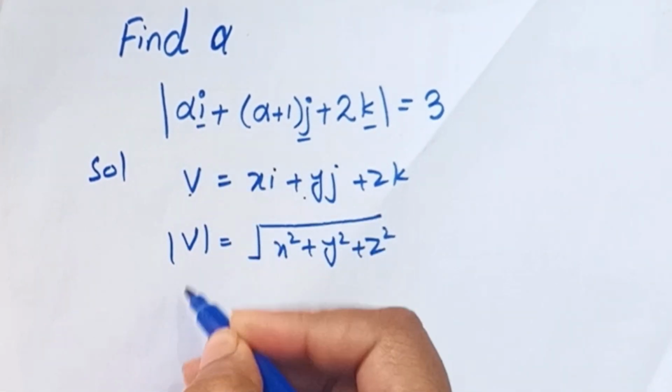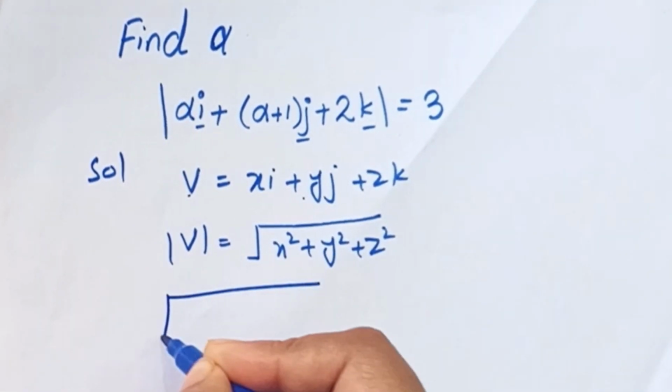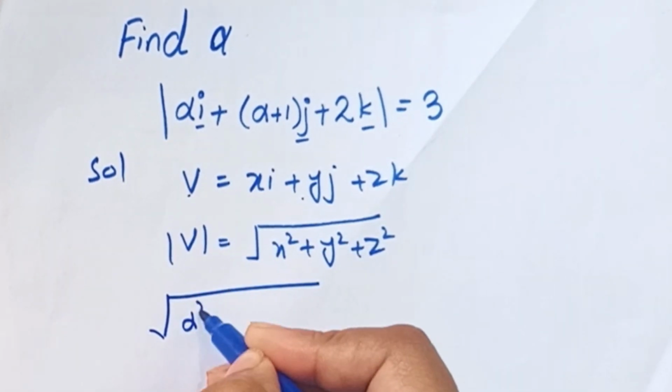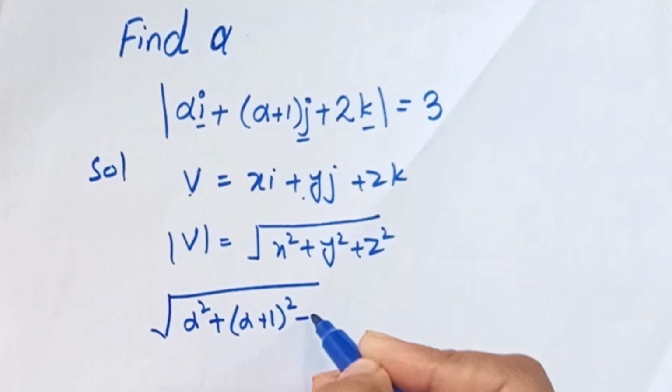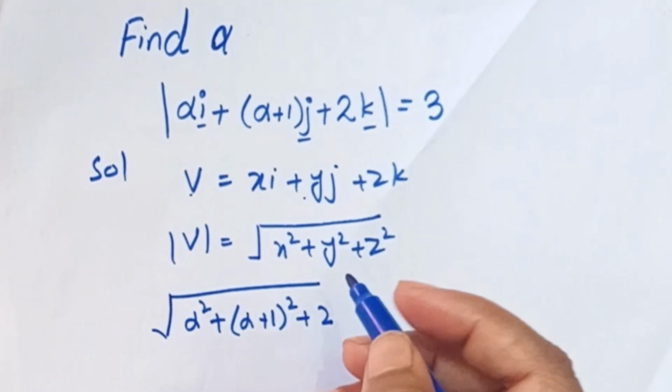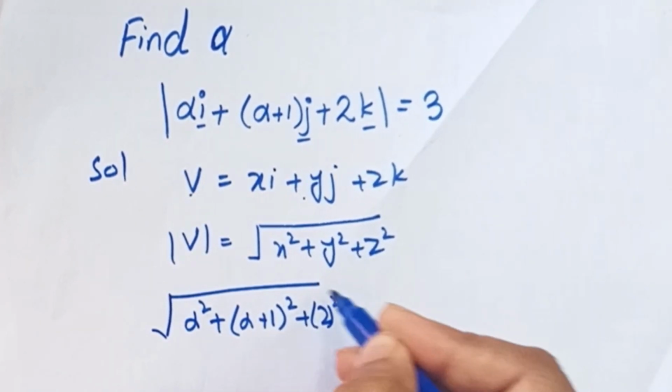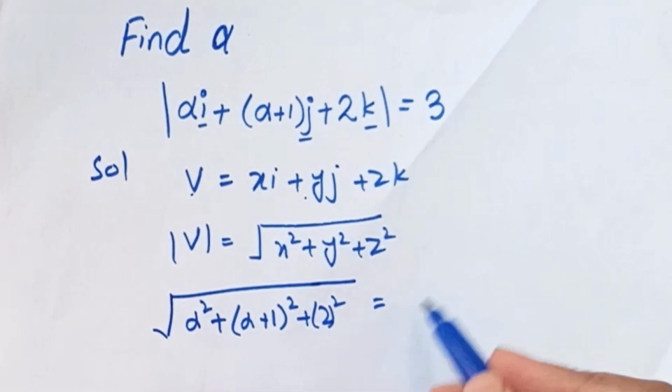So this will become the square root of alpha square plus (1 plus alpha) whole square plus 2 square, and this is equal to 3.